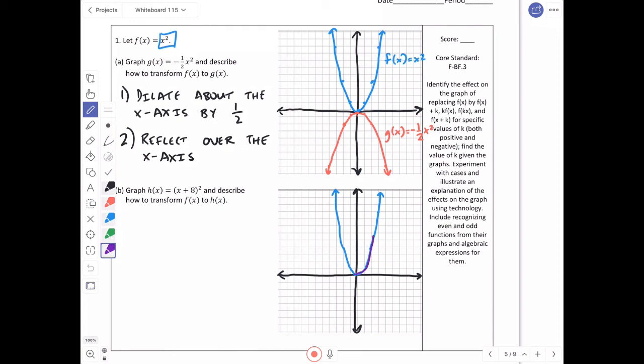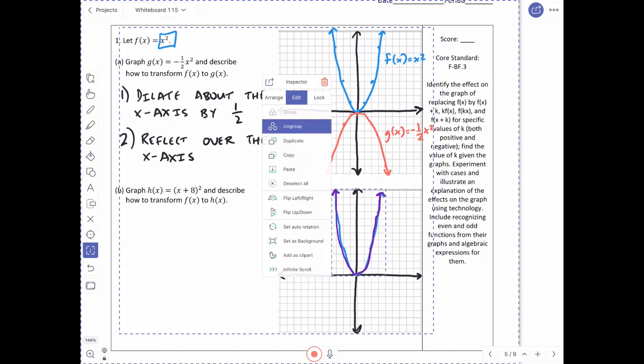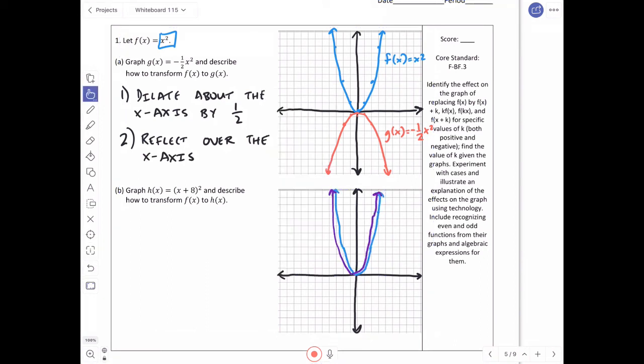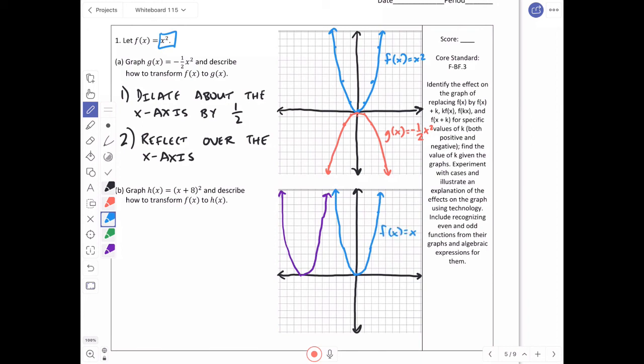So I'm going to make a copy in purple and move it 8 spaces to the left. 1, 2, 3, 4, 5, 6, 7, 8. There's f of x equals x squared, and h of x equals x plus 8 squared.